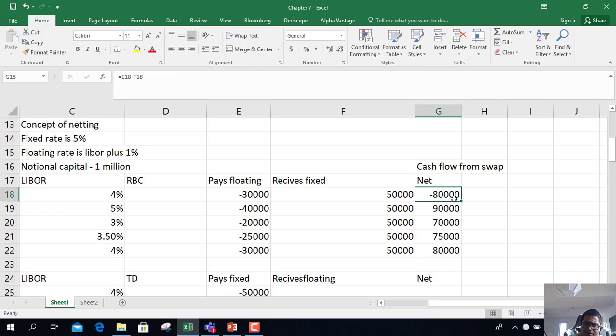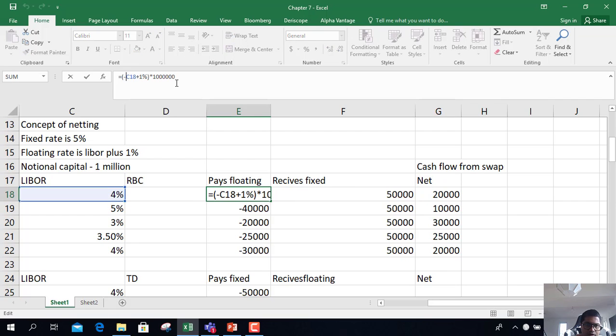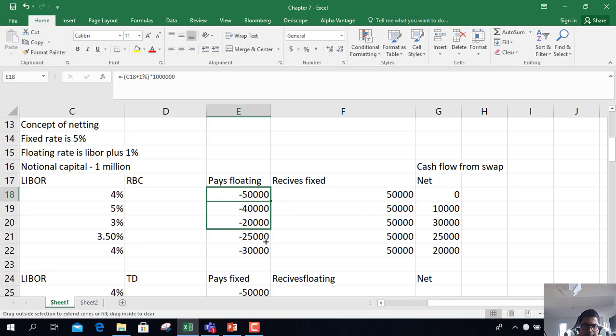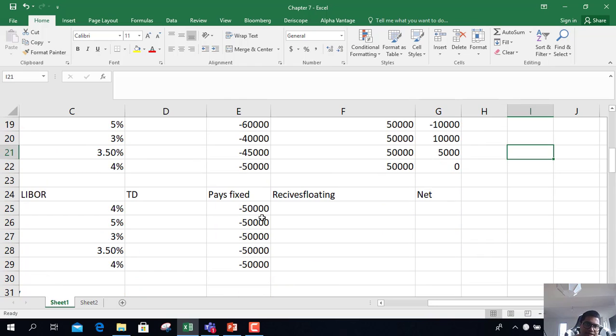The conversation doesn't change. I'm just making it a little easier to understand because I'll share this Excel file later on. Same thing, I'm just changing the signs.